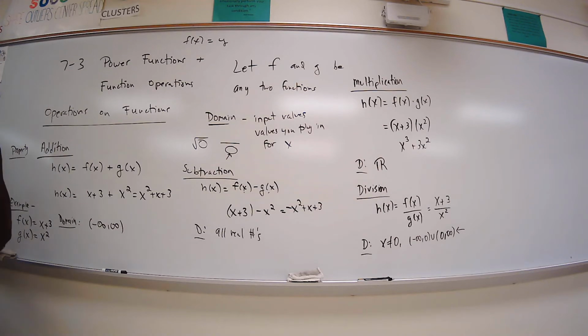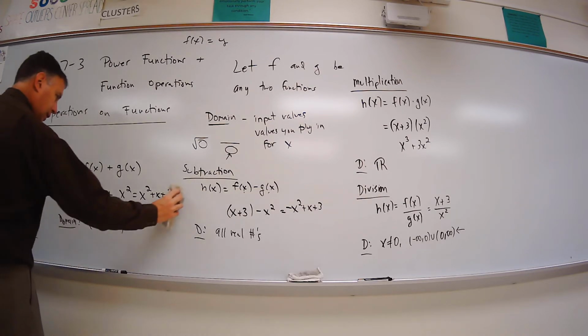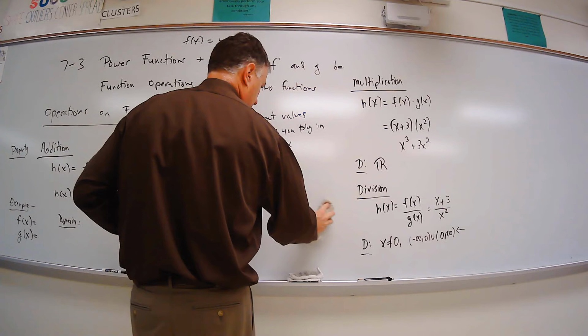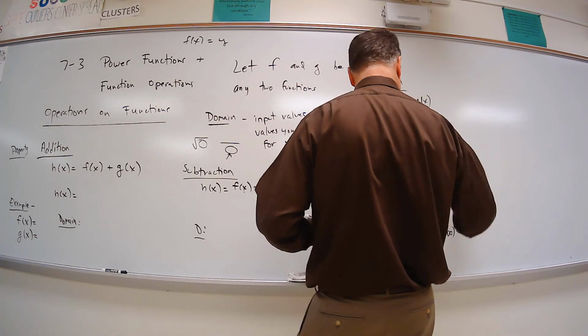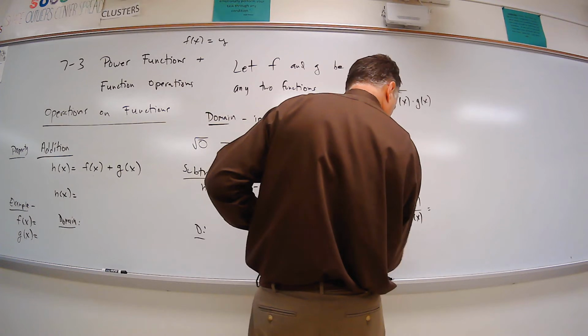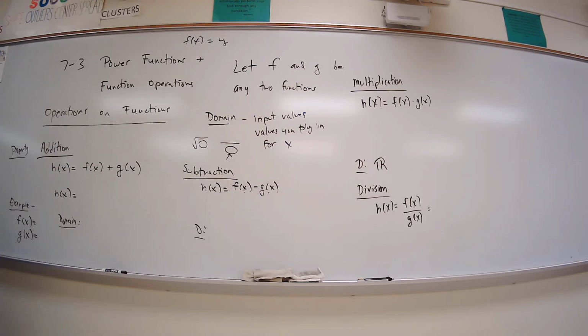Let's try another one. We'll do this one together. So let's erase this. You guys can see I don't have the black markers. All right, f of x equals 2x to the 1/2.